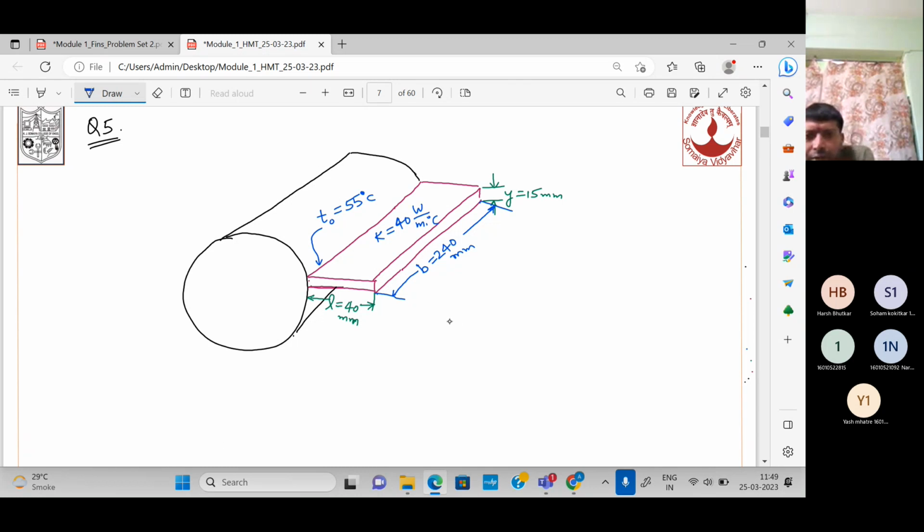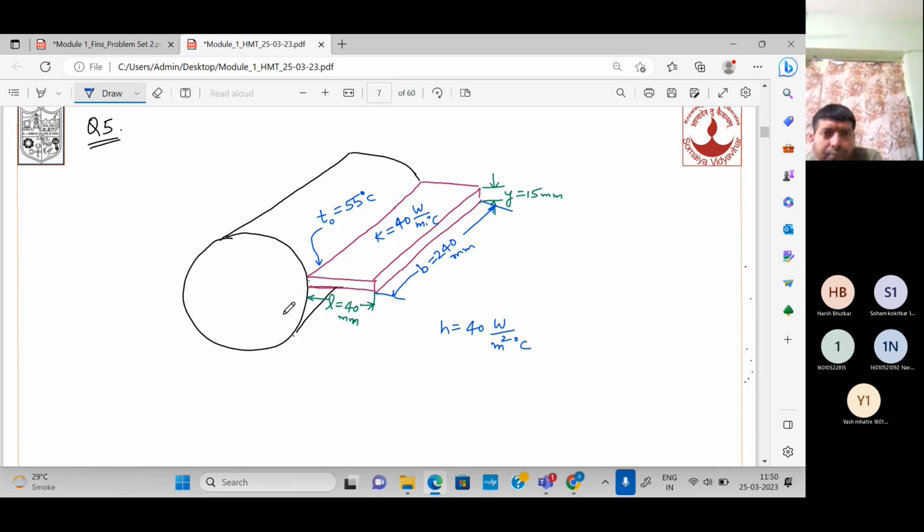And the convective heat transfer coefficient is also 40 watt per meter square degree Celsius. So this is given in the problem.